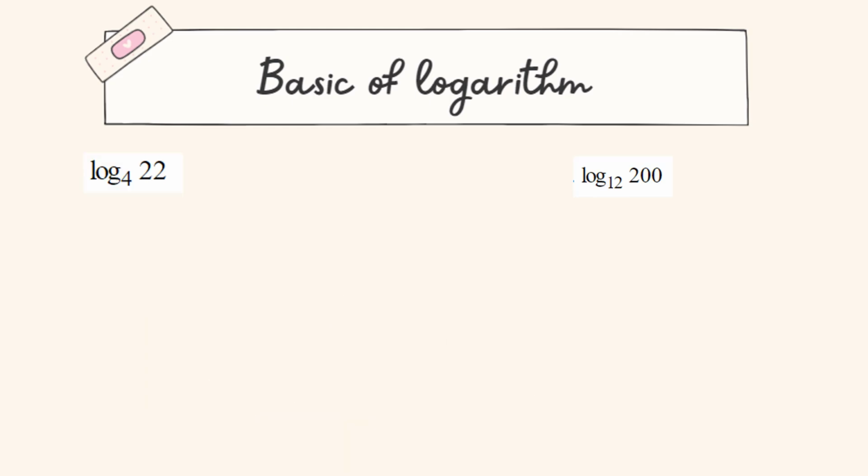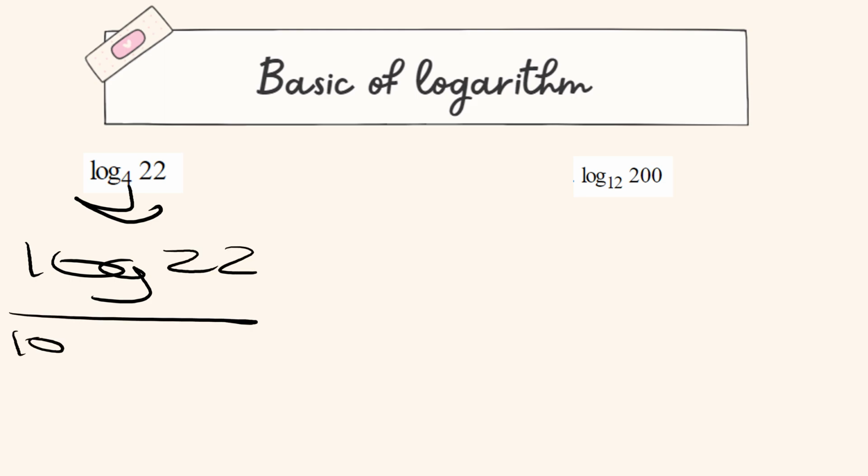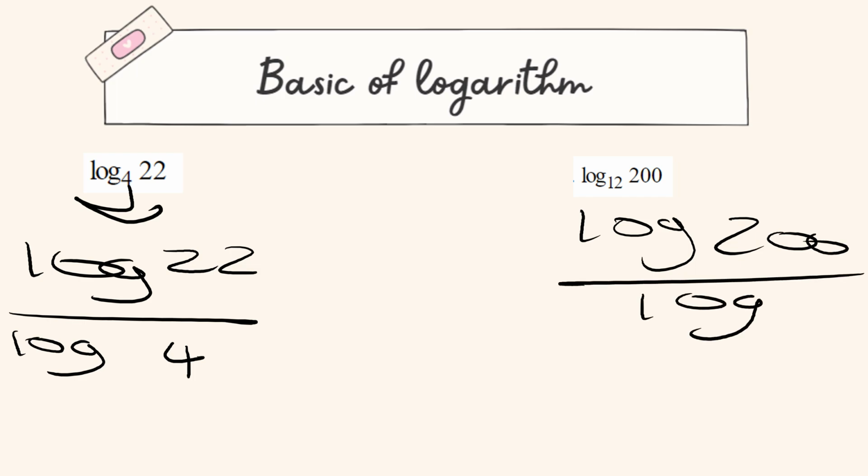So those two log functions can even equal log to the base of 10, so we won't write 10 in here. Log 22 divided by log 4, we won't write 10. And it's the same in this case, log 200 divided by log 12, which is exactly the same as this form.